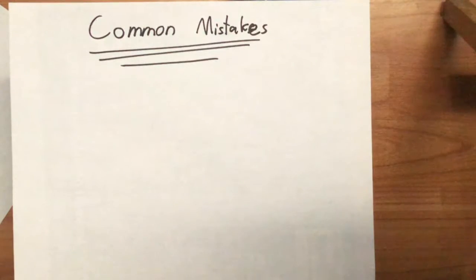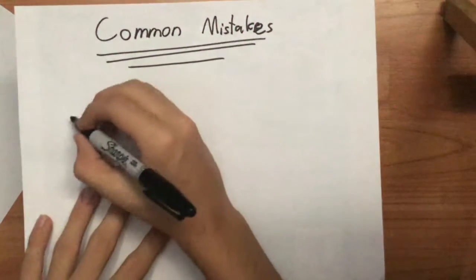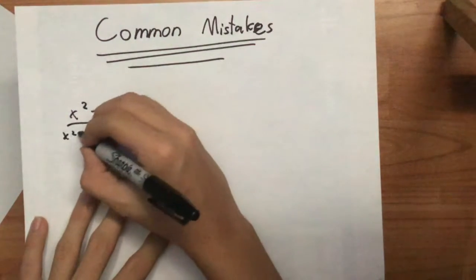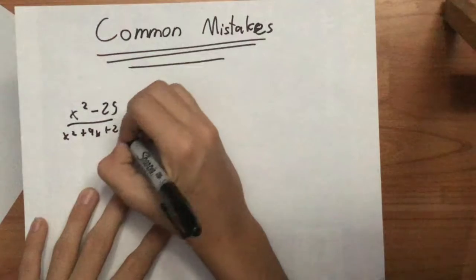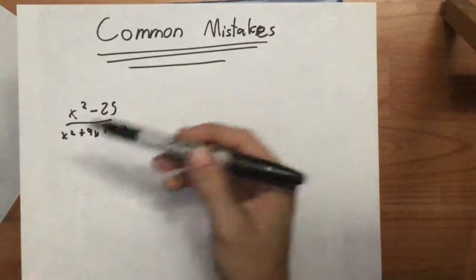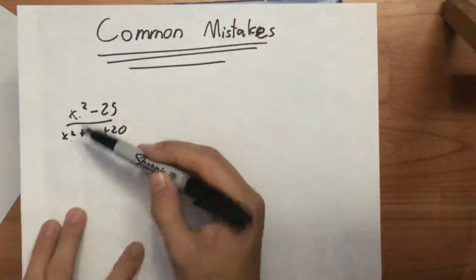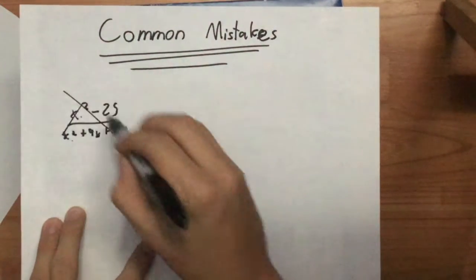So let's continue with another common mistake that was made during the process of the previous problem. One was that we had x2 minus 25 over x2 plus 9x plus 20. So you might say, oh, but we have x to the power 2 and x to the power 2, the same, so we can cancel it out. But that's not correct.